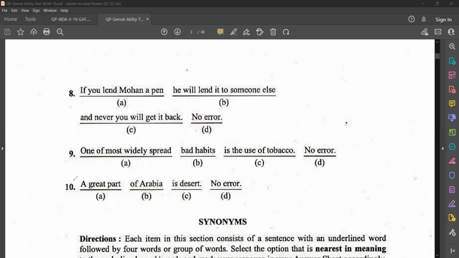Next, question number 10. A great part of Arabia is desert.